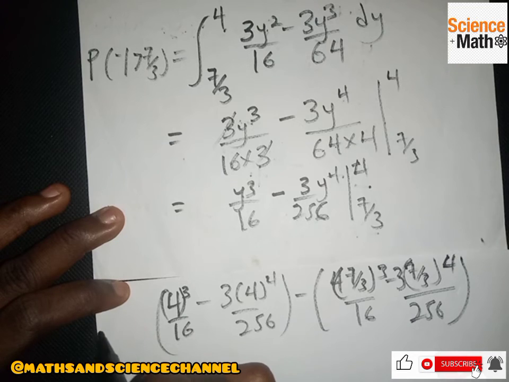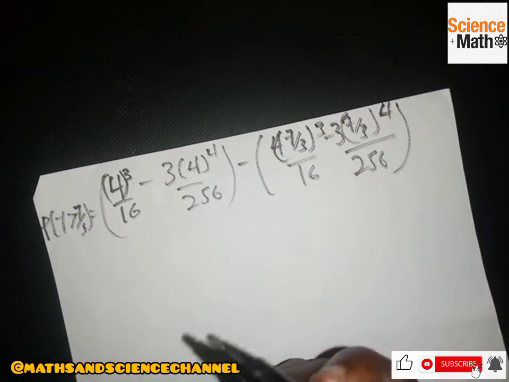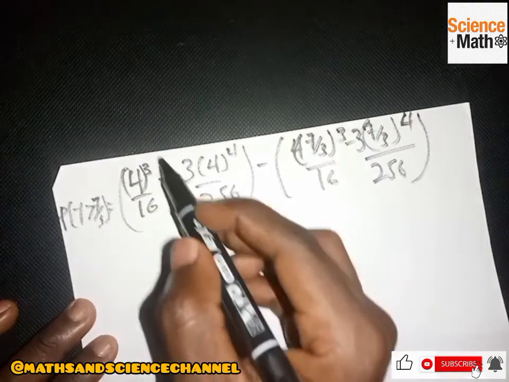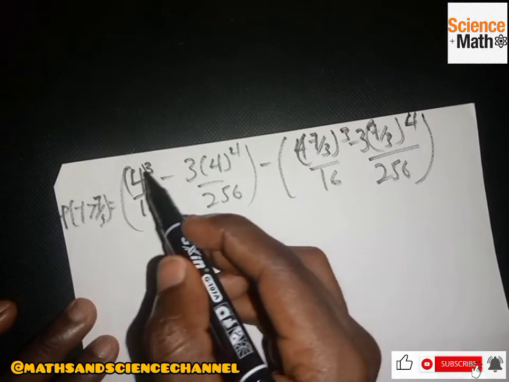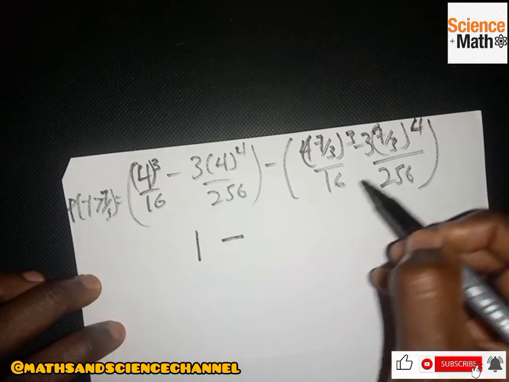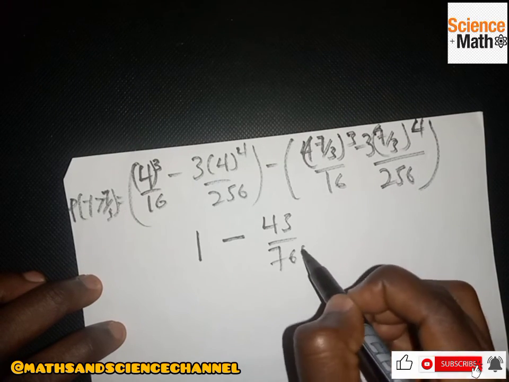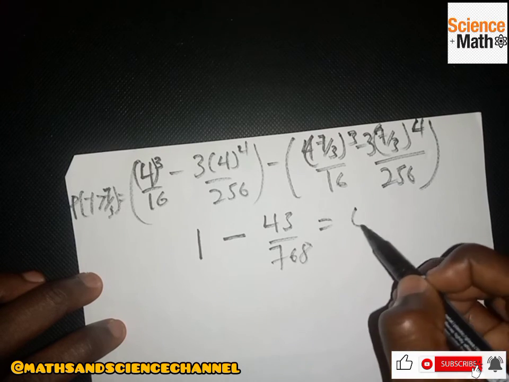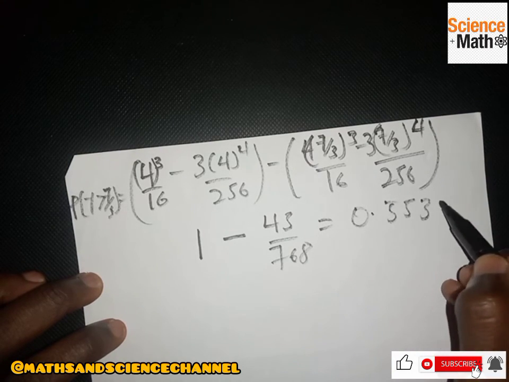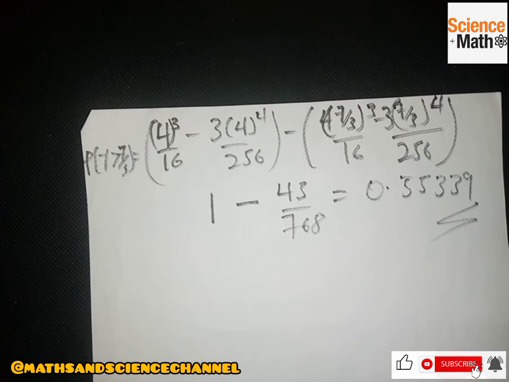So this is still the probability that y is greater than 7/3 that we are still doing. The whole of that gives us 1 minus the whole of that, which also gives us 43/768 here, and when we compute the whole of that, we should get 0.55339 as the probability that y is greater than 7/3.